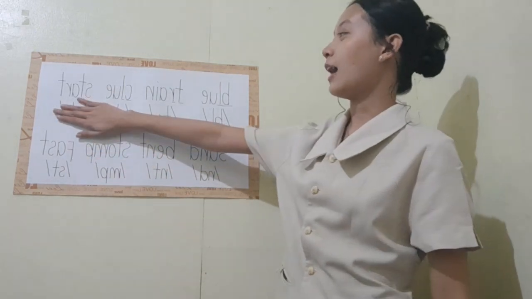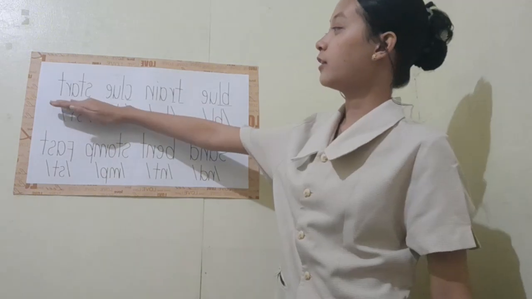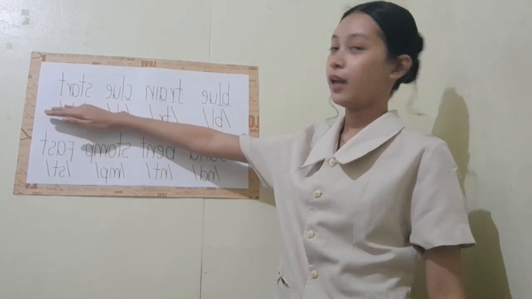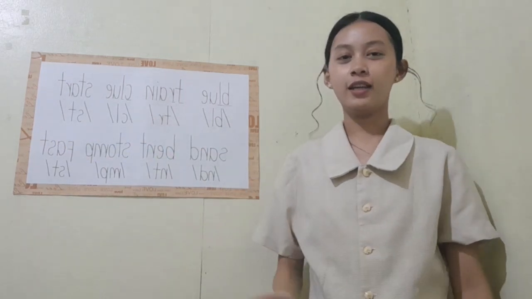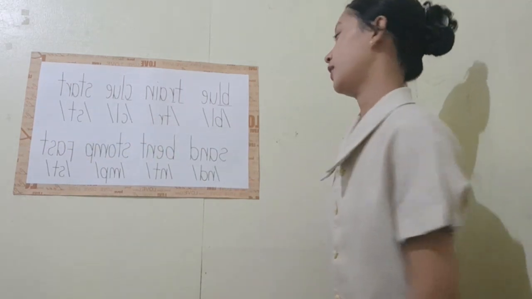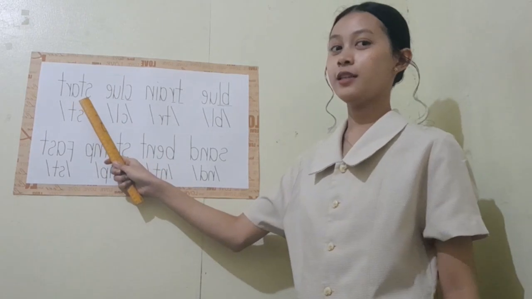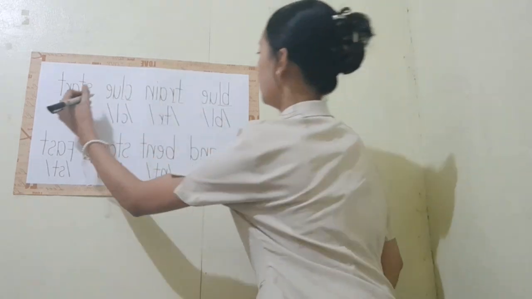And for our last word, we have start. So, start is spelled as S, T, A, R, and T. Can you say it? Very good. So, for our word start, our consonant cluster can be seen in the beginning, which is S and T. Very good.